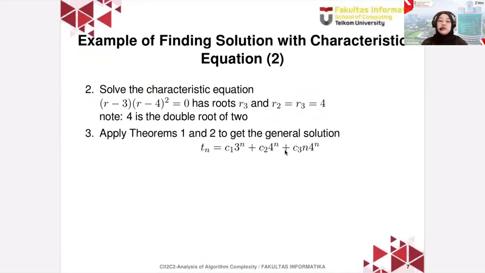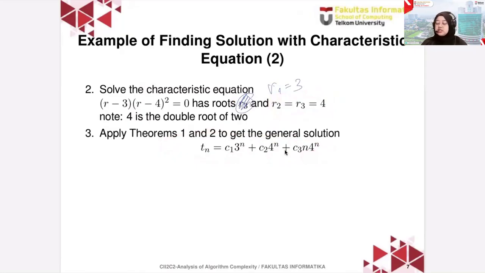And here we apply the theorems we learned before to get the general solution. So we have c1 times 3 to the n, because r1 equals 3. So we have the first solution to the n, the second solution to the n, and because it is doubled, we have n times the second solution to the n.